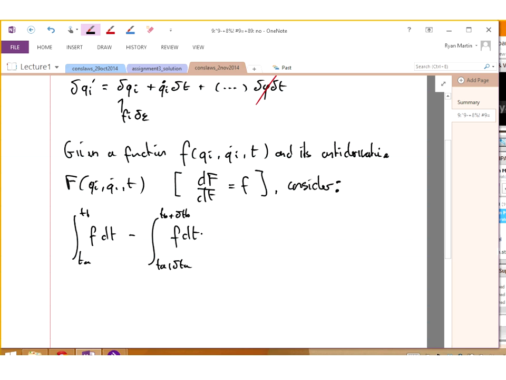Okay, so the goal is I want to get rid of the limits that have the delta t's in them. So let's consider this difference.